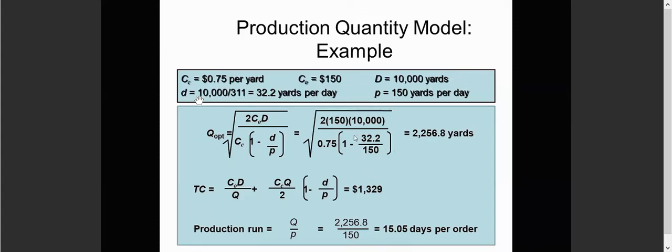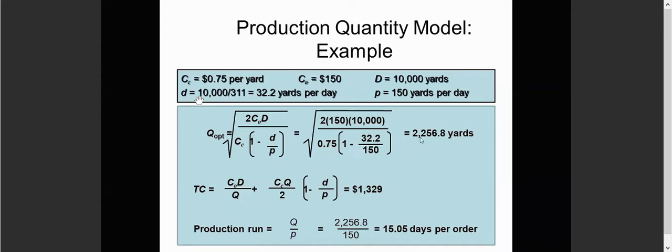As shown in this formula, the daily demand rate is smaller compared to the production rate, which allows the production quantity model to be used to solve this problem.